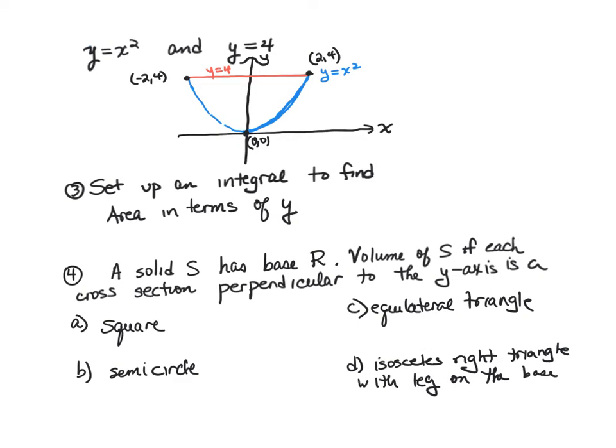All right, let's take a look at the same example when we have to integrate with respect to y. So we're going to take the same region, region R, but we would like to set up an integral to find its area with respect to y. Well, for area, if we integrate with respect to y, we use a horizontal rectangle.